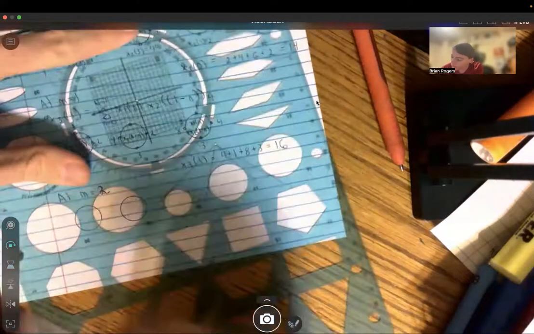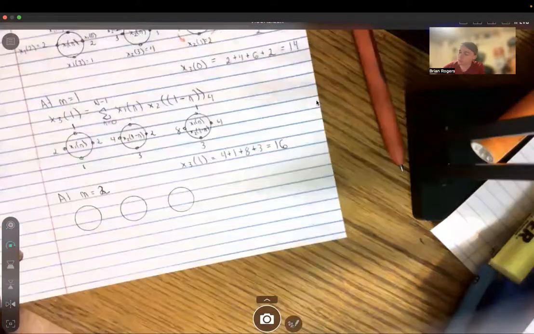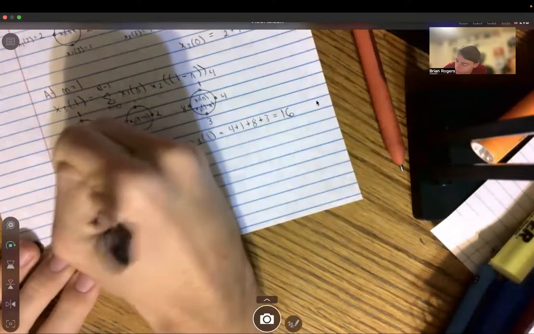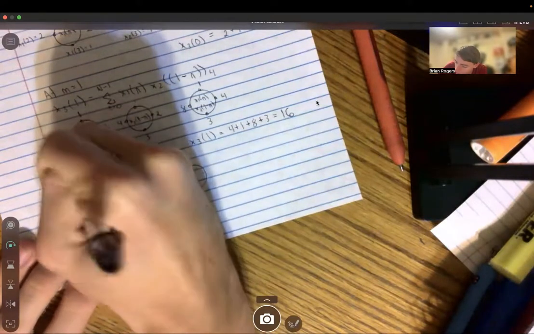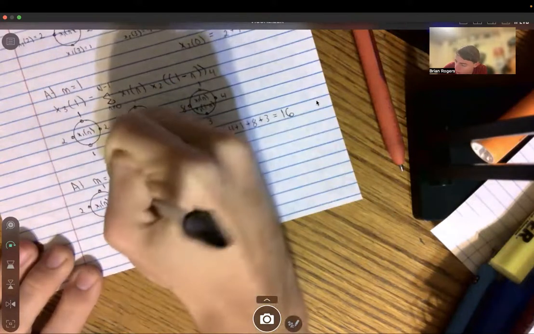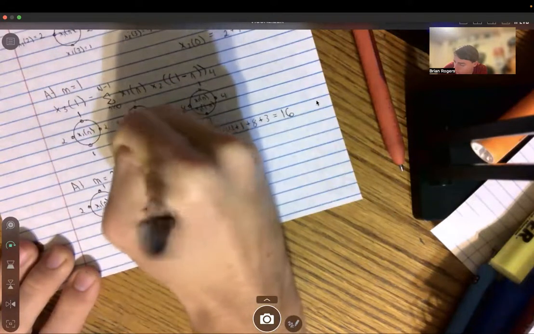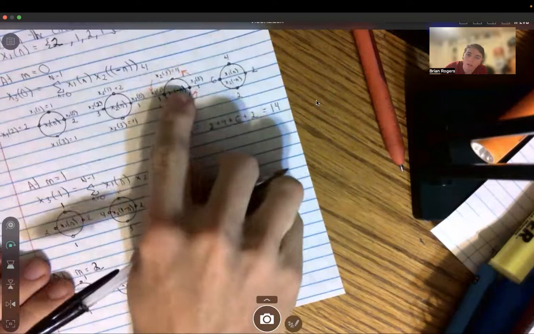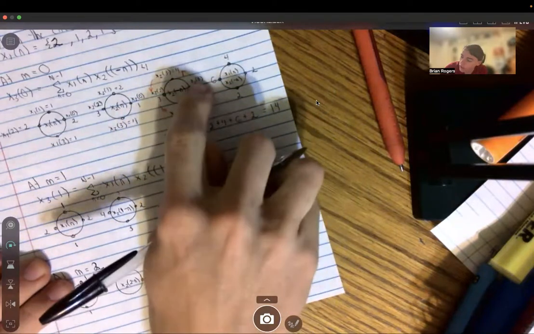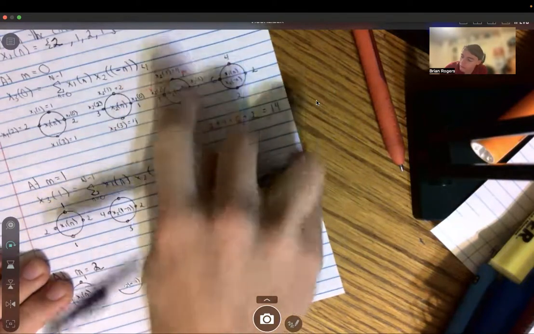Specifically, your x1 of n remains the same. No shifting is done on that one, so it's 2, 1, 2, 1. Your x2 of 2 minus n, you shift over 2 instead of just 1 from the original x2 of negative n. So this spot would end up over here, on the other side.